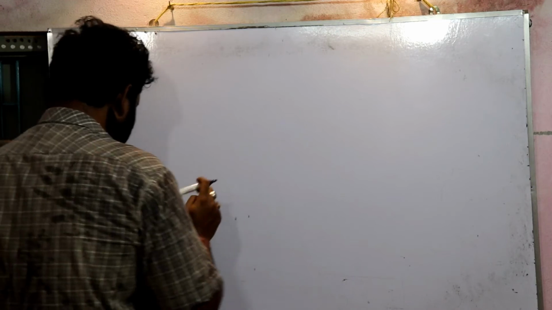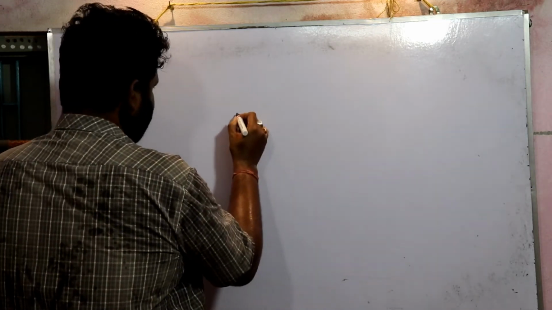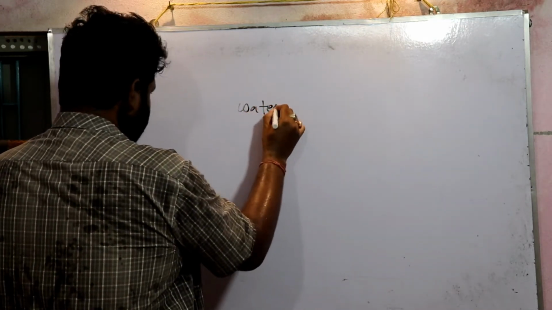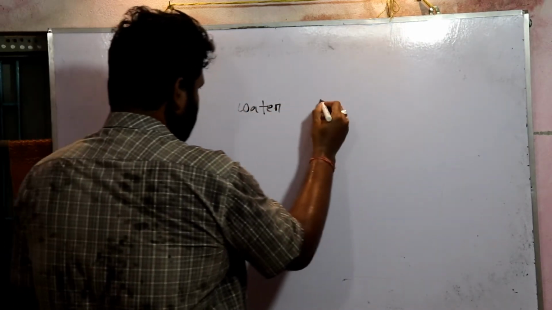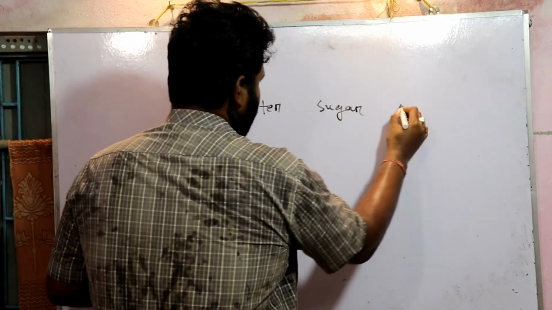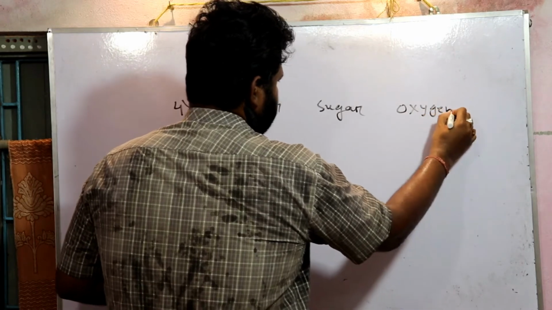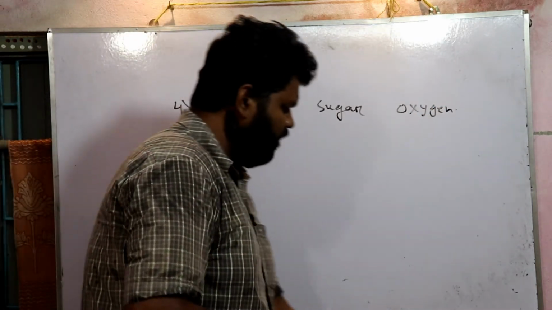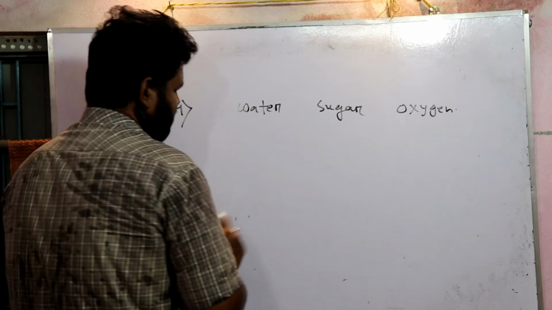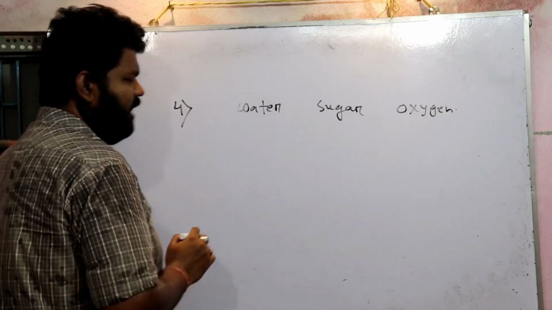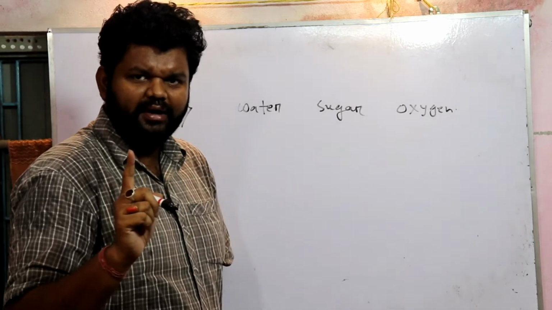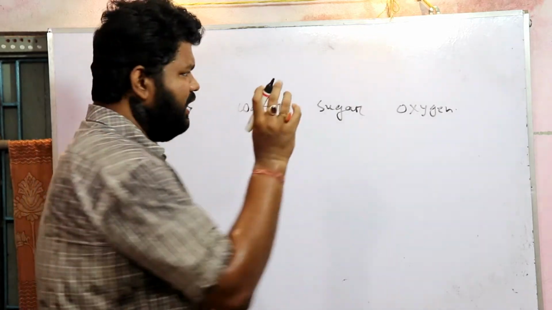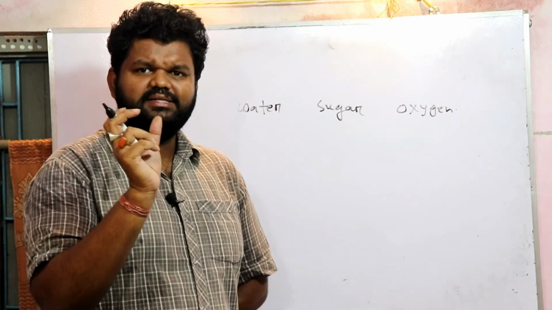That is, arrange the following in increasing order of forces of attraction. We have water, sugar and oxygen. The question is the increasing order of attraction forces. Okay, we know in case of solid matter, the attraction between the particles is maximum.